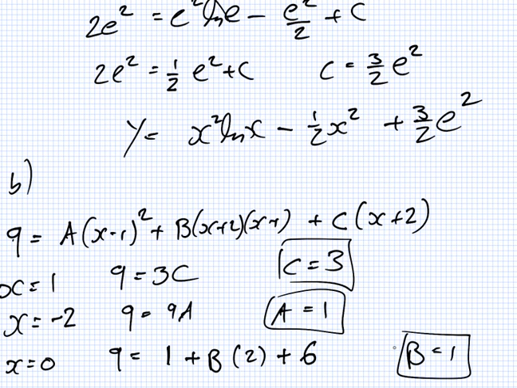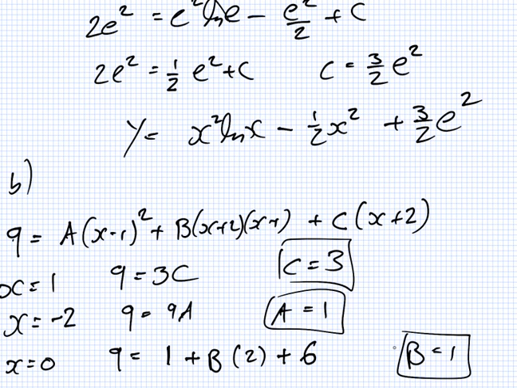Now, why did it multiply x minus 1 squared not 2? What's your question? Why did you do x minus 1 2?